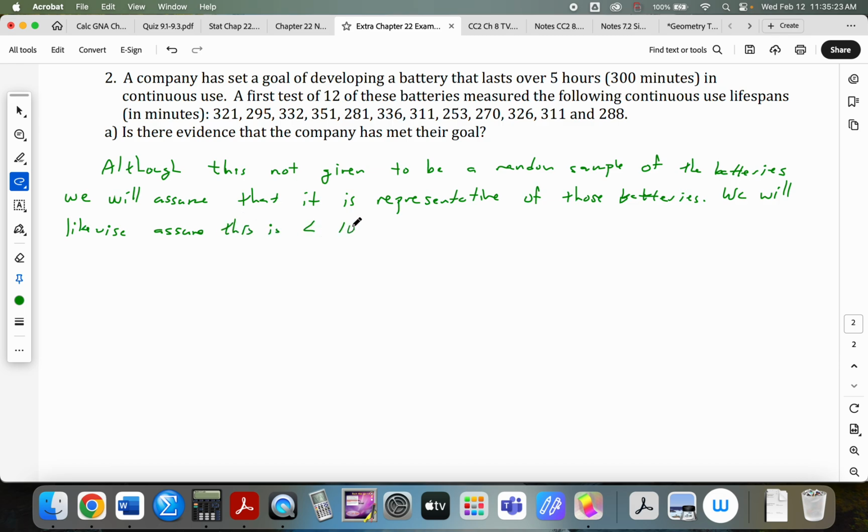So I think you could actually leave out that second sentence, because you want a representative sample. And to get a representative sample, you'd like it to be random and you'd like them to be independent. So saying the word representative covers both of them. It does.